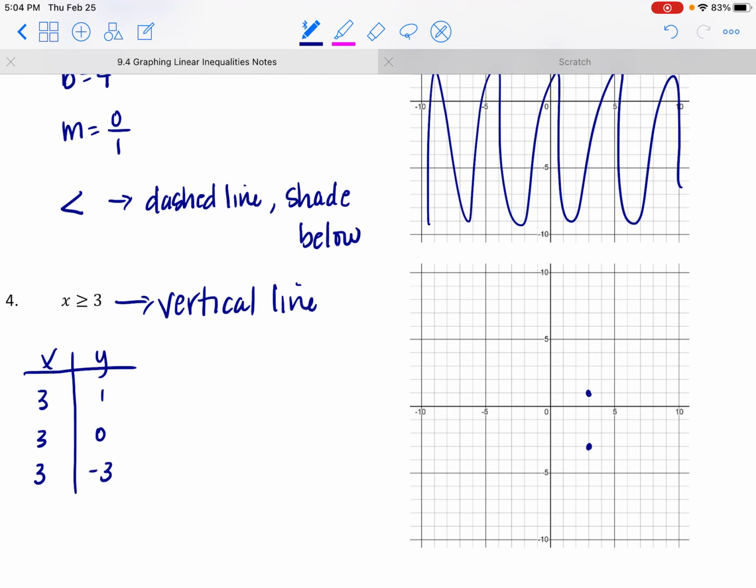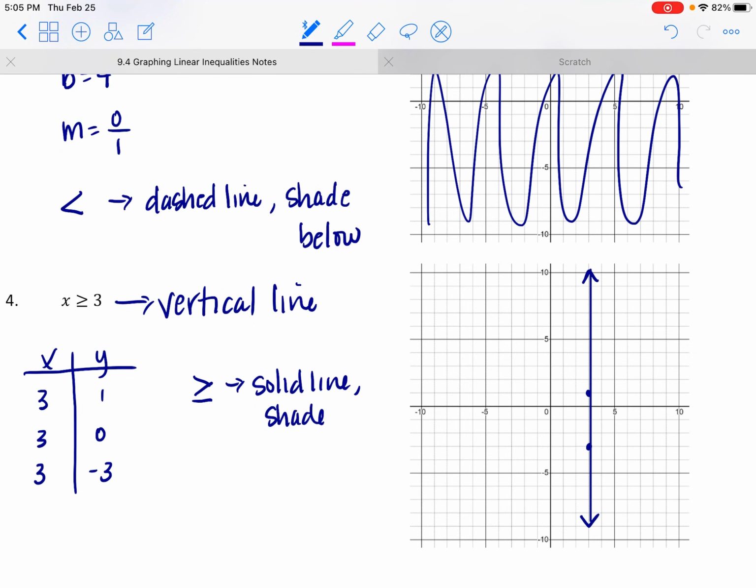Okay, so this one has the greater than or equal to, which is telling me to make a solid line, and it's telling me to shade. This is the tricky one here. So I'm going to make a solid line through these points, and normally we're looking to shade above or below.